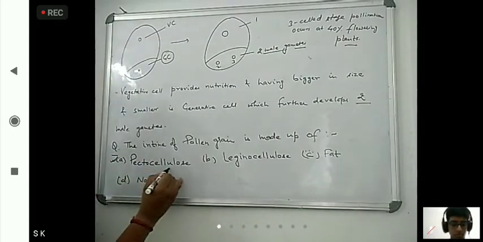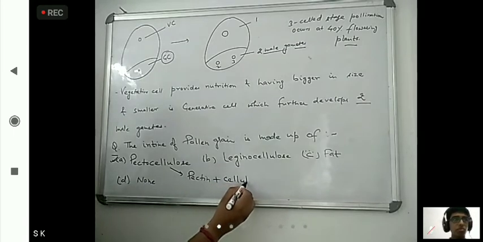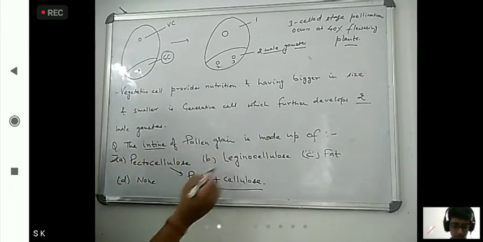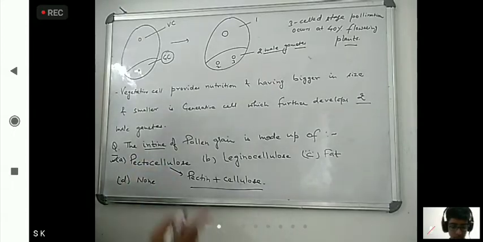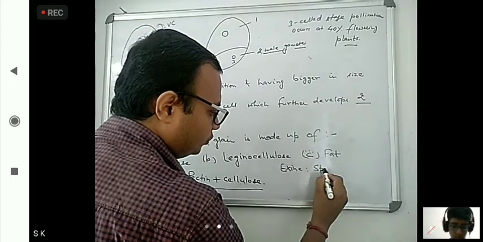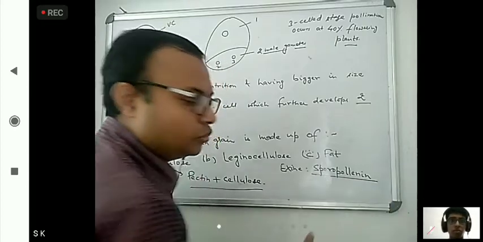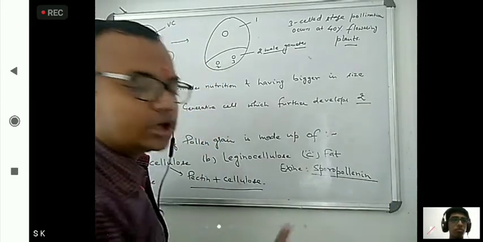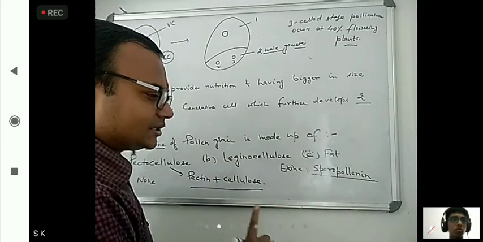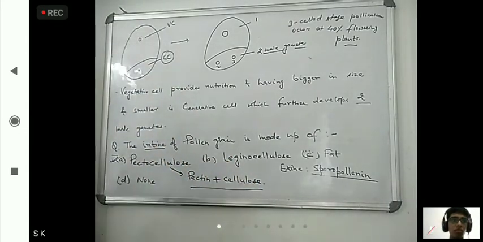It is pectin plus cellulose. So if the intine of pollen grain is asked, the answer is pectocellulose. If the exine is asked, it is sporopollenin, the world's most resistant organic material, which cannot be destroyed by any enzyme, temperature, acid, or alkali naturally. Next, we have to see another question.